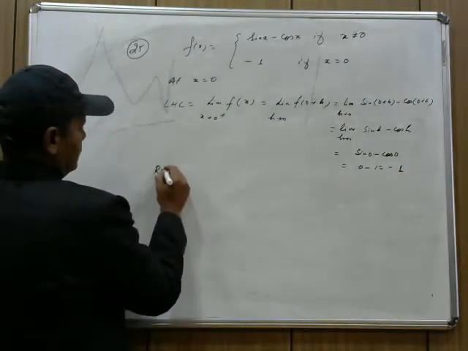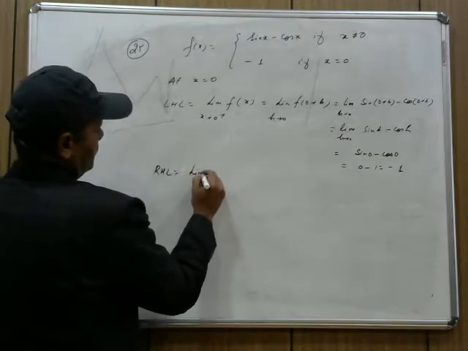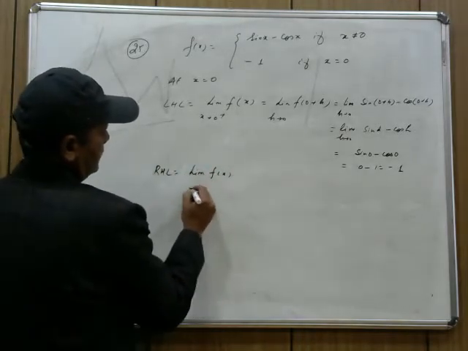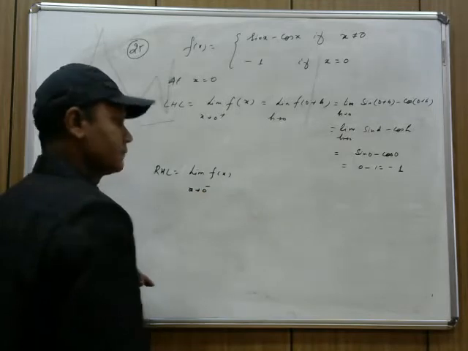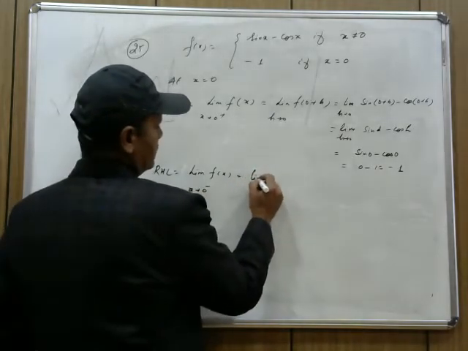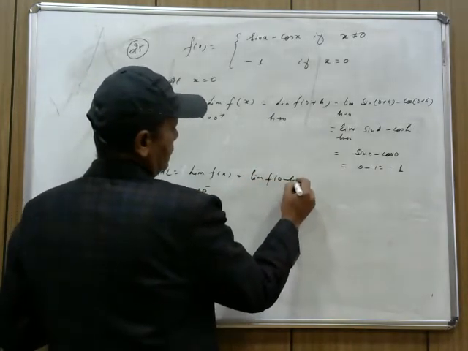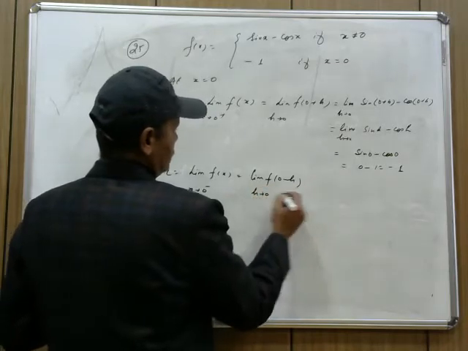Now RHL: limit f of x as x tends to 0 minus, we have what? Limit f of 0 minus h, limit h tends to 0.